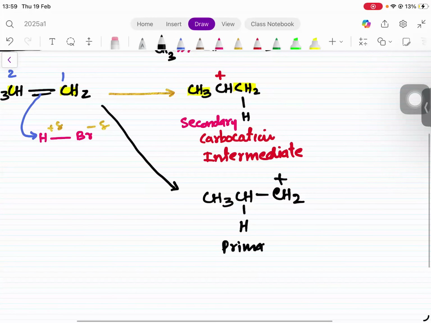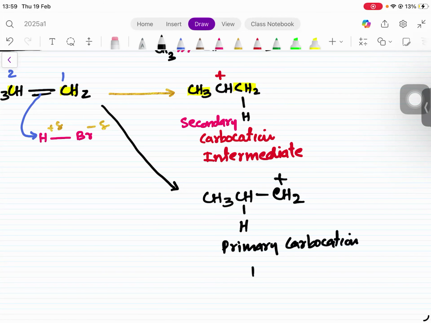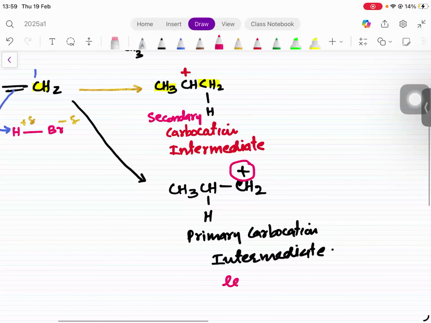So there is a chance that both primary and secondary carbocation intermediates are formed. But unfortunately we know that because of two alkyl groups attached, the secondary carbocation is more stable, and the primary one, the other way around, is less stable or kind of unstable. So in a way, it doesn't form at all.